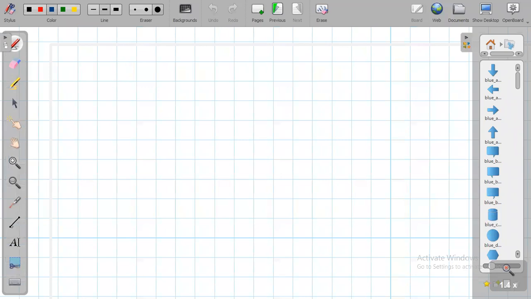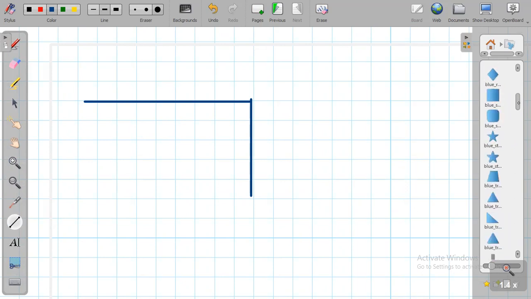Let me draw a proper diagram. This is a frictionless surface. There is a very big mass. It is big but makes no contribution.